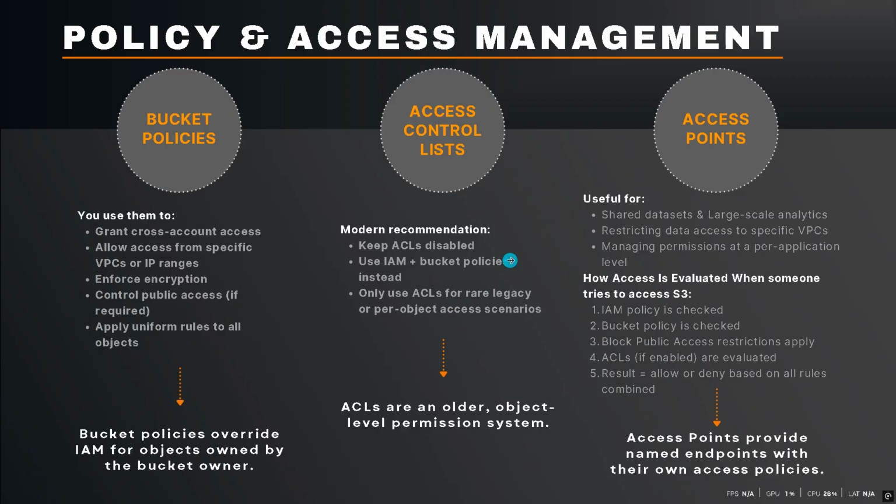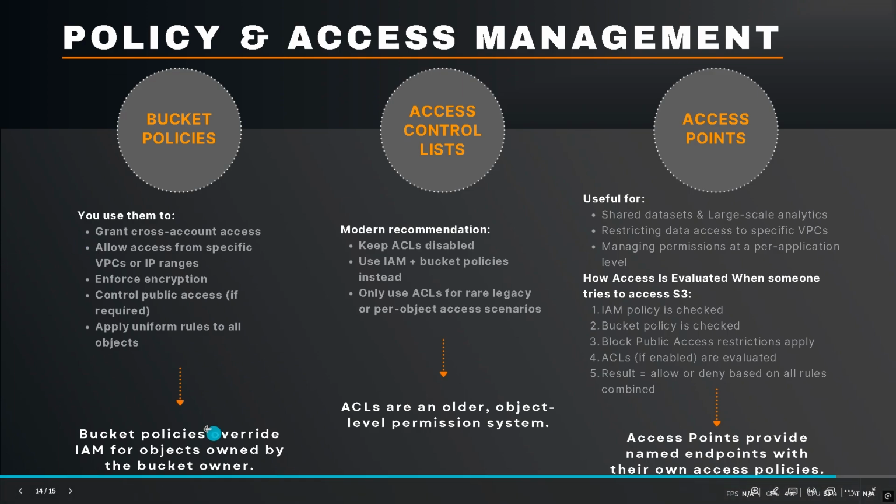Now talking about policy and access management, we have bucket policy, access control list, and access points. So you can use them to grant cross account access, allow access from specific VPCs or IP ranges, enforce encryption, control public access, and apply uniform rules to all the objects.